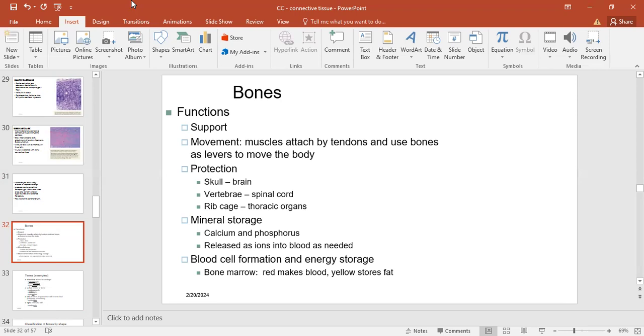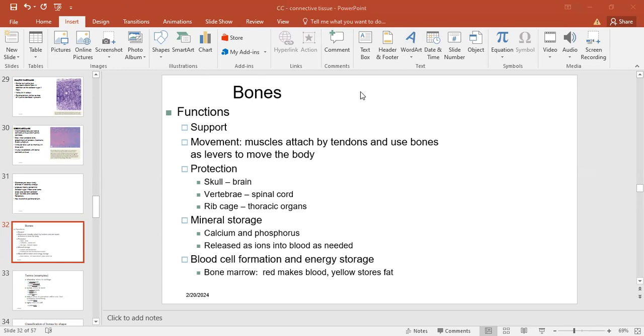Connective tissue proper, we said, is divided into areolar connective tissue, which is the loose connective tissue, and dense connective tissue. I'm fast because we've already covered these things. If you have questions, you are free to raise your hand and ask. Are we together, everyone? Yes, madam. So we did say that dense connective tissue is further divided into dense regular and dense irregular.